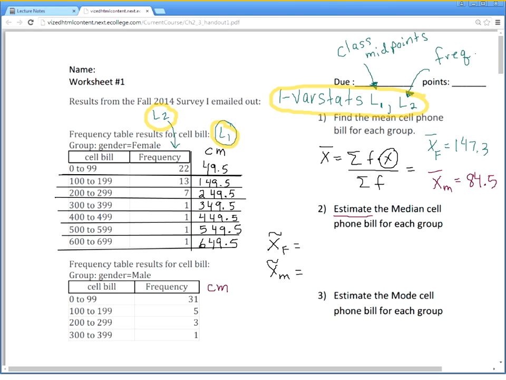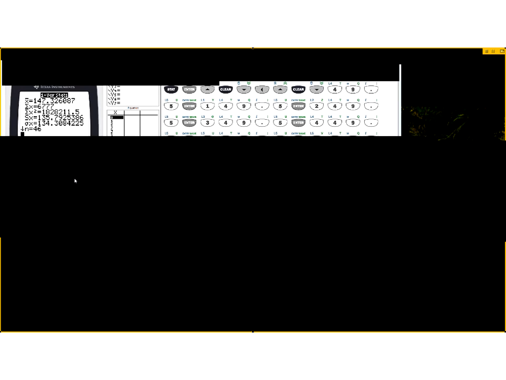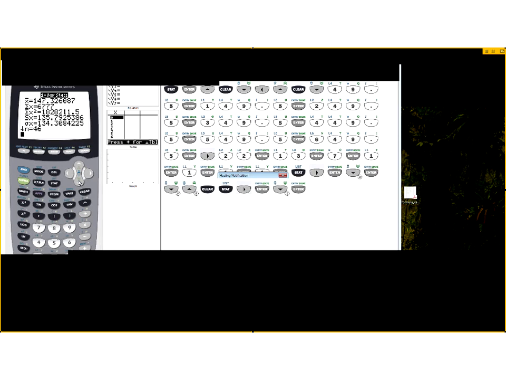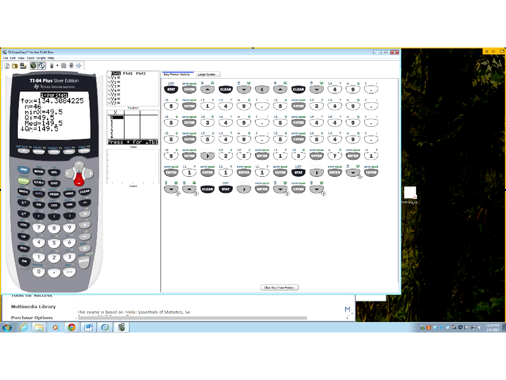So let me go ahead. We did the one for females. So let me see where that would be at. Remember when you scroll down? So there's the mean at the top. If you scroll down, you find the median. The median is right there. All right, so 149.5. That's where our median is.